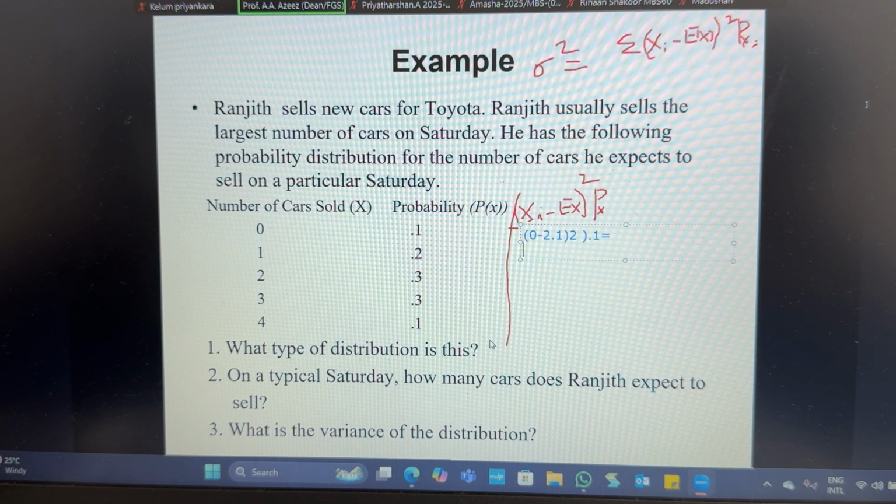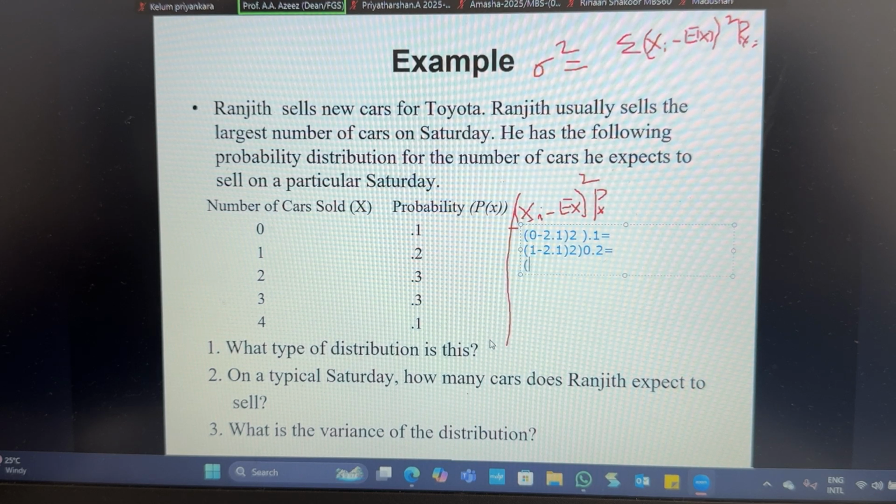The next one, 1 minus 2.1 squared, then multiplied by 0.2 equal.